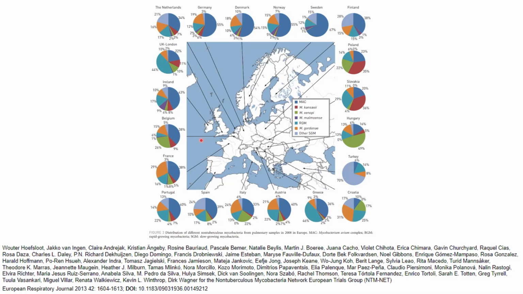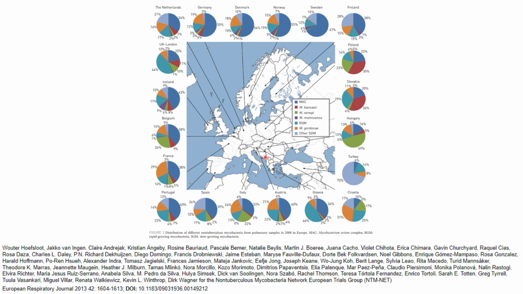Now, I mentioned the most common species in the United States, but if you live in other parts of the world, then the species that are most common in your area might be drastically different. For example, if you take a look at this graph, which was published in the European Respiratory Journal in 2013, it shows the distribution of NTM species in multiple different countries.